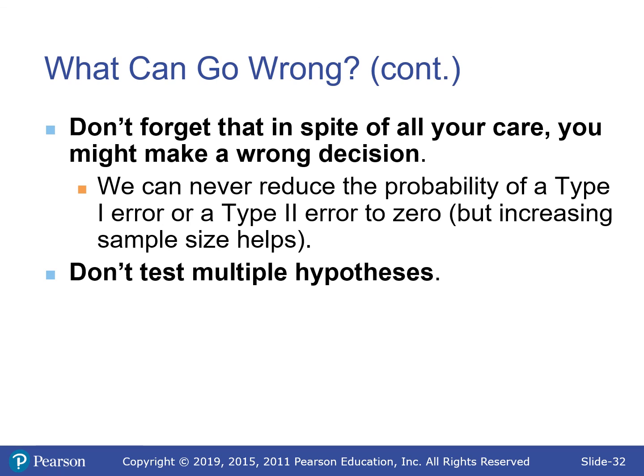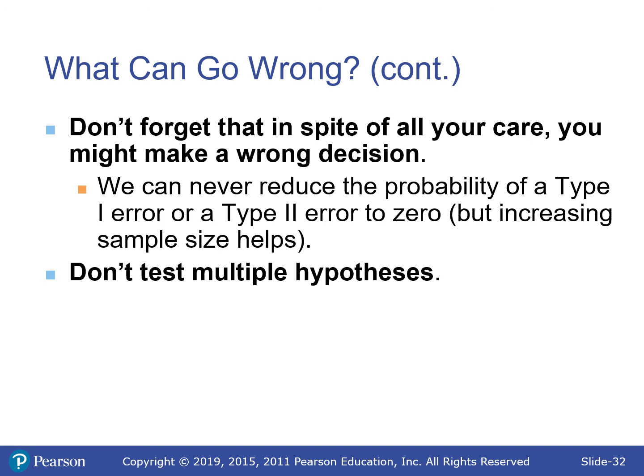Well, at a significance level of 0.05, 1 out of every 20 times we would expect to get one that's significant, even if it's not. We'd expect to get a type 1 error at some point in time.